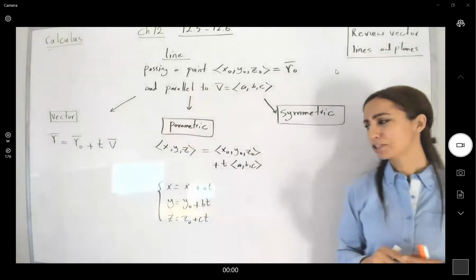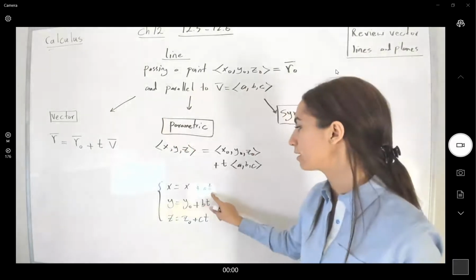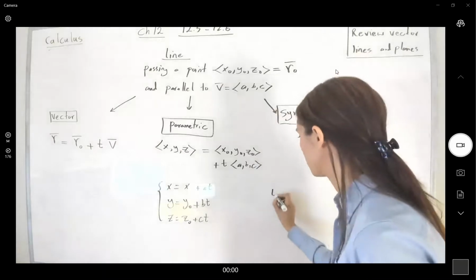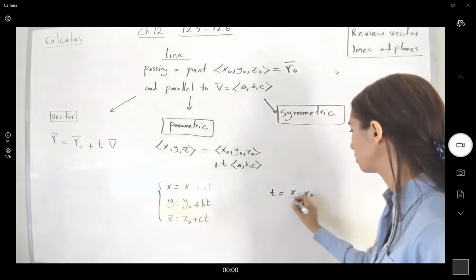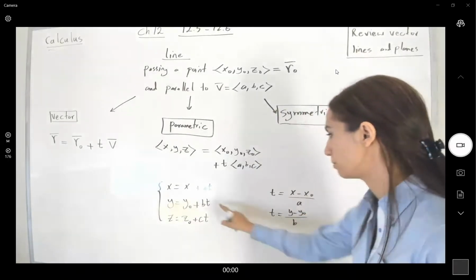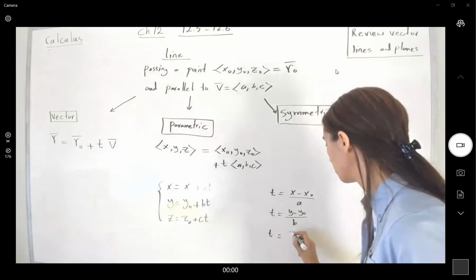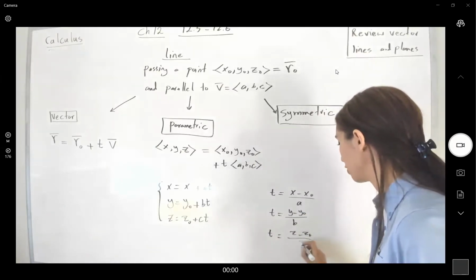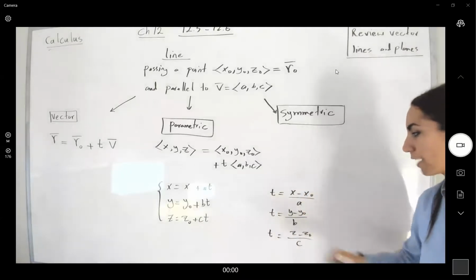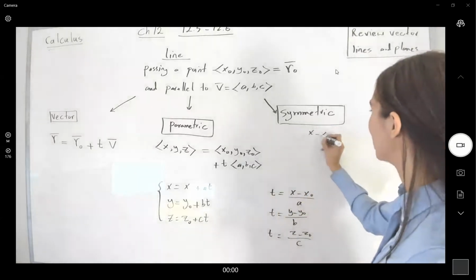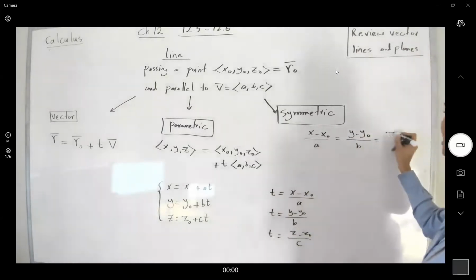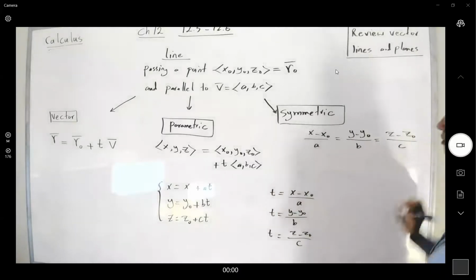And finally, in symmetric form, if we isolate T in each of these equations, T is equal to X minus X sub 0 divided by A, T is equal to Y minus Y sub 0 divided by B, and T is equal to Z minus Z sub 0 divided by C. T is equal in all of these equations, so you can set these fractions equal to each other. You get X minus X sub 0 over A equals Y minus Y sub 0 over B, which is equal to Z minus Z sub 0 over C.